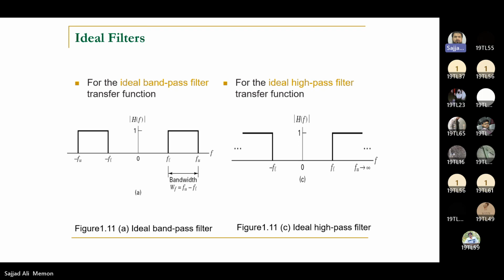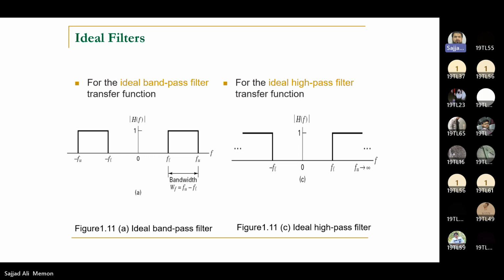Then we have the ideal band pass filter and ideal high pass filter. The ideal high pass filter is the reverse of the low pass filter. In a low pass filter, we allow frequencies only from 0 to a certain value, previously f_u. In a high pass filter we allow all frequencies except 0 to f_l. Frequencies from 0 to f_l will not be passed, other frequencies will be passed.